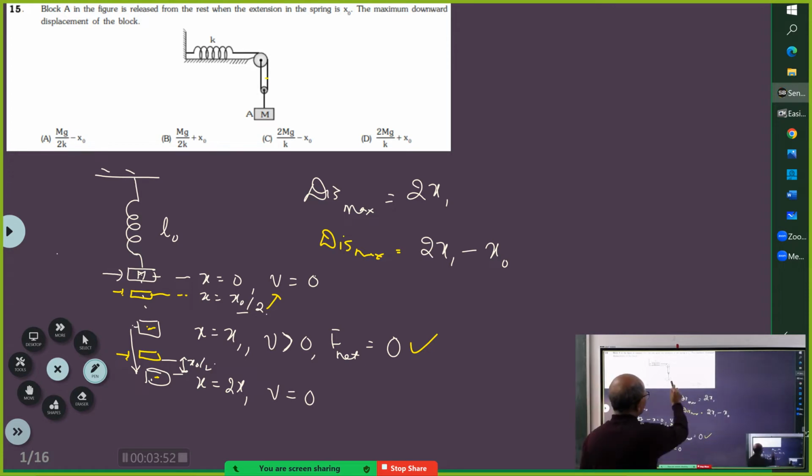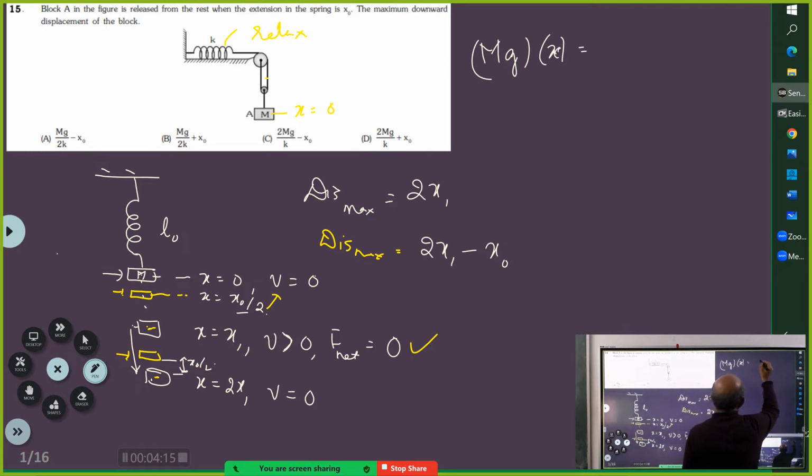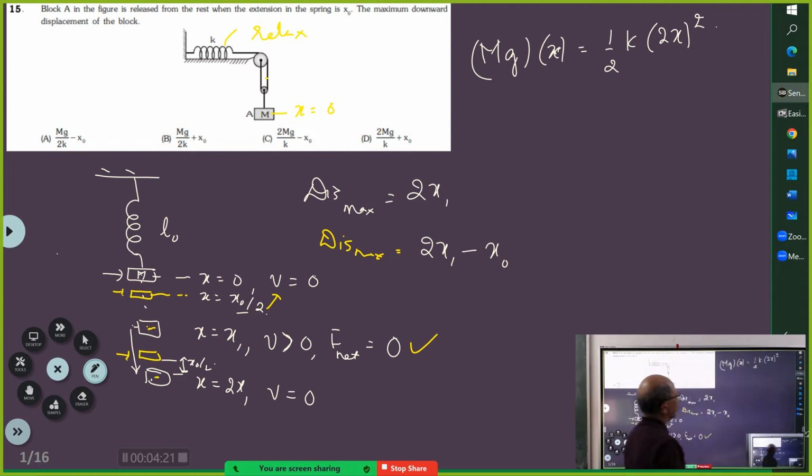In this situation, assume that this is at its x equal to 0 position, in a relaxed natural condition. Now supposing I had left my hand down, then I would have got this equation: mg into x is equal to half k into (2x) square.